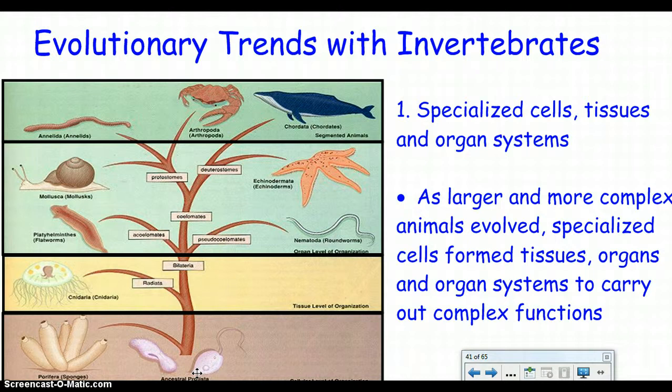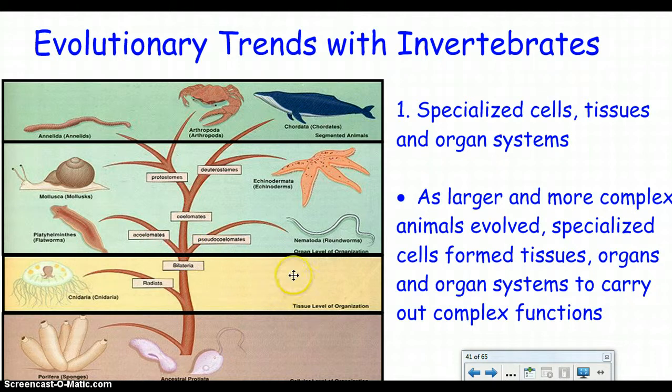They had a bunch of cells that do the exact same thing, or one cell that does all the work. Then those cells tend to get together and form tissues, and each tissue has a different function. You see that in jellyfish especially, where certain parts of their body are responsible for reproduction and certain parts are responsible for eating.